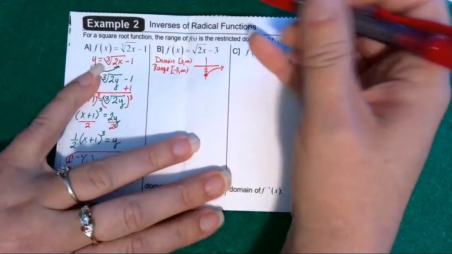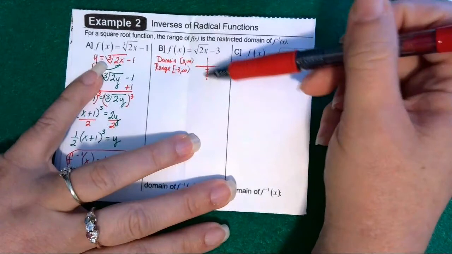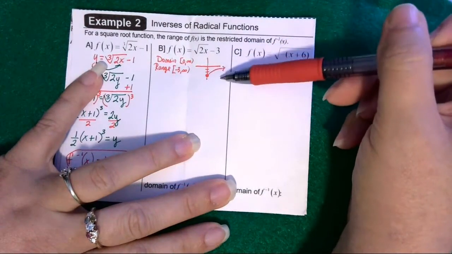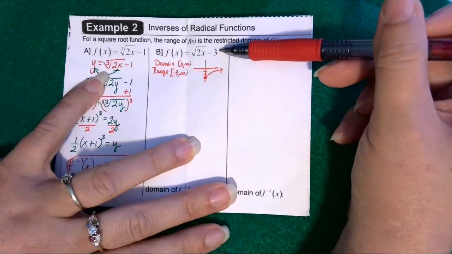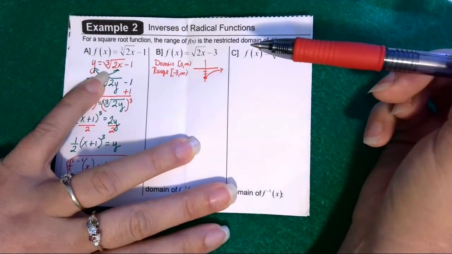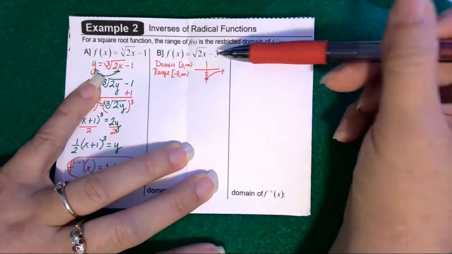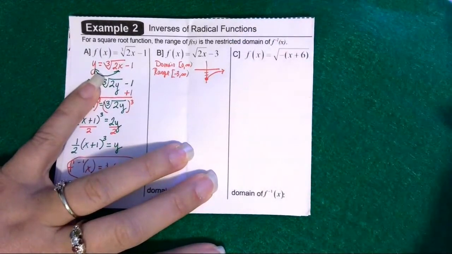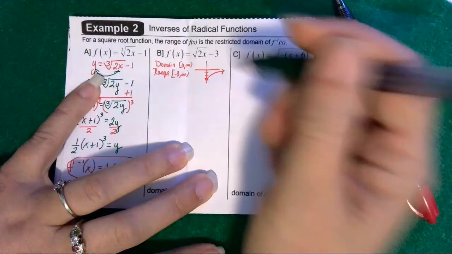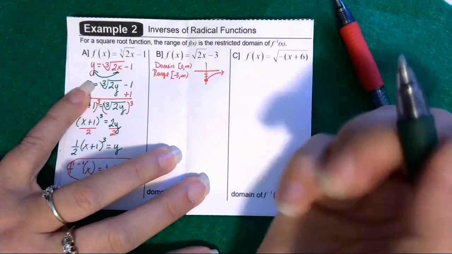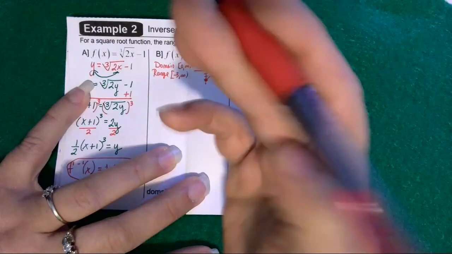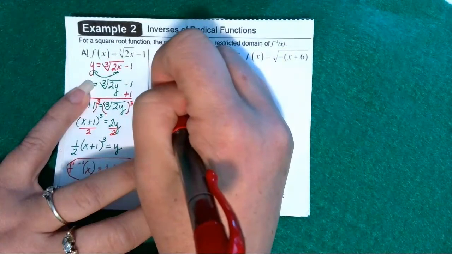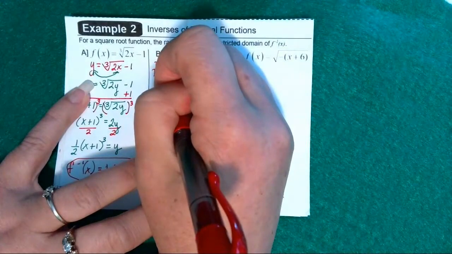So back to this picture of my square root graph, it passes the horizontal line test, which means that its inverse is going to be a function. So we'll go ahead and find the equation of that by replacing this f of x notation with y equals, and then switching the x and the y.